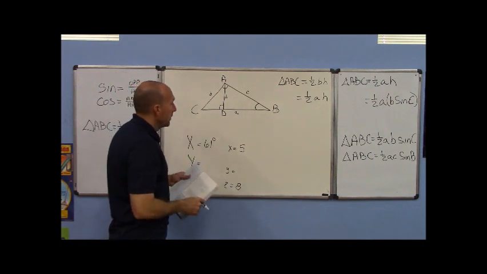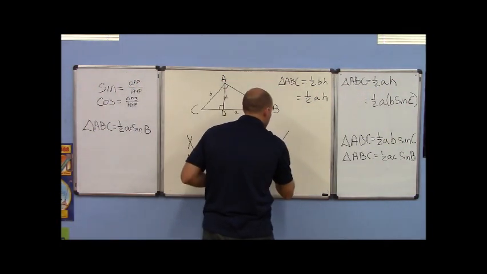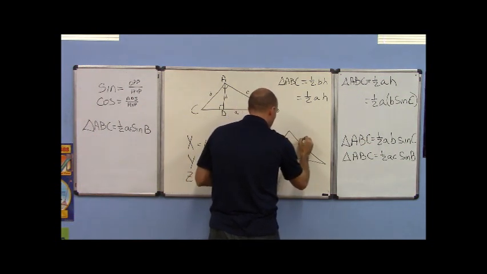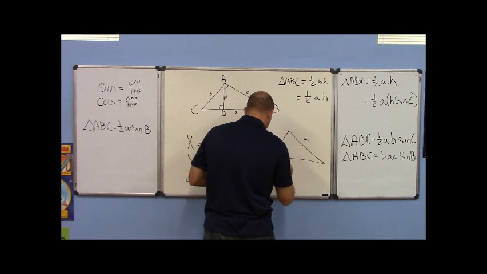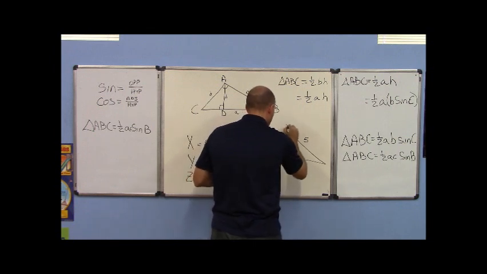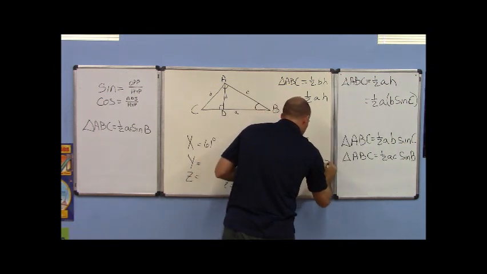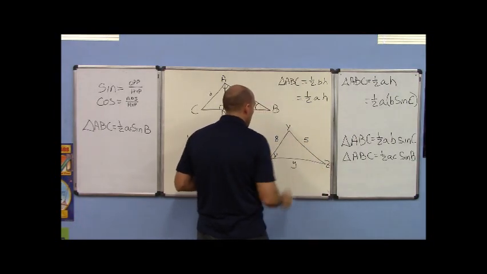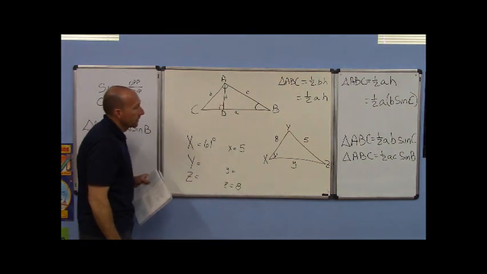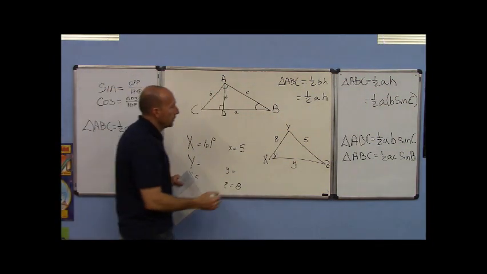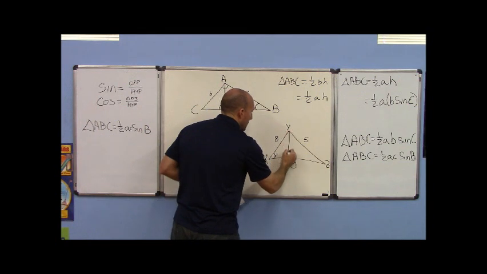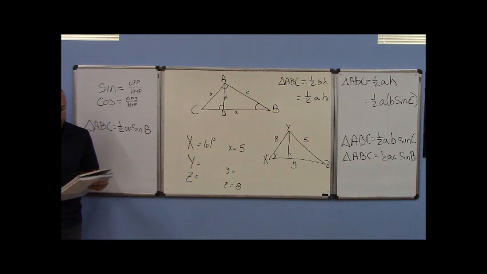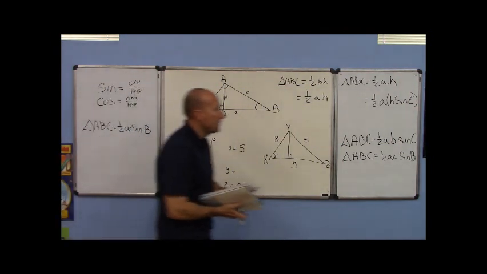So if we have this triangle, 8, 5, 61, we can do the same thing here, understanding the same ratio.